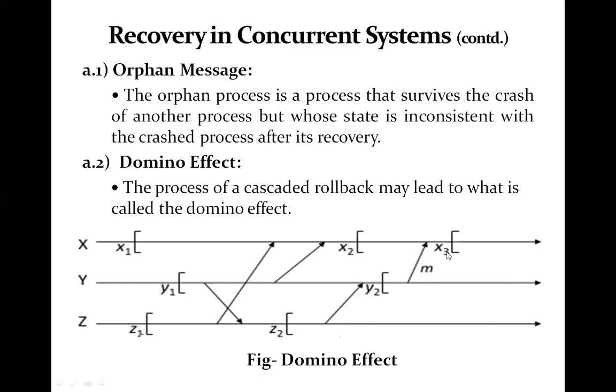And the process X is also required to roll back. X must roll back because Y interacted with X after establishing the recovery point Y2. When Y is rolled back to Y2, the event that is responsible for the interaction of Y with X is to be undone.